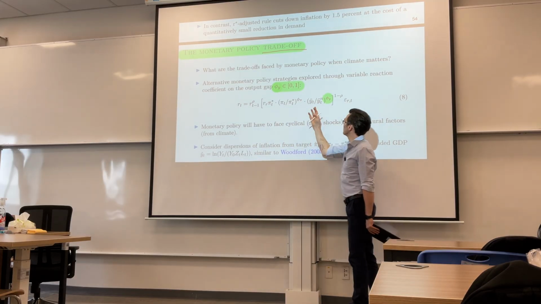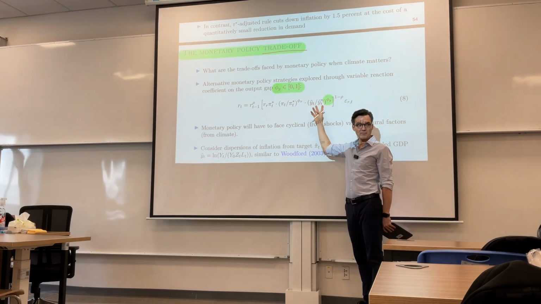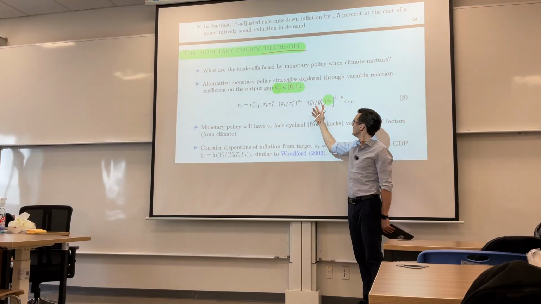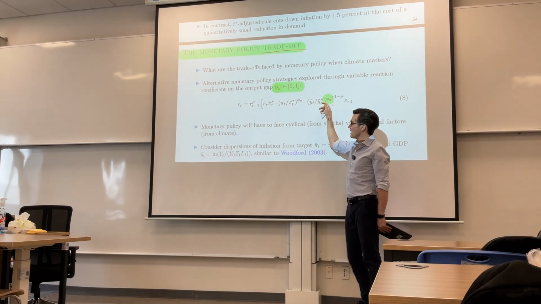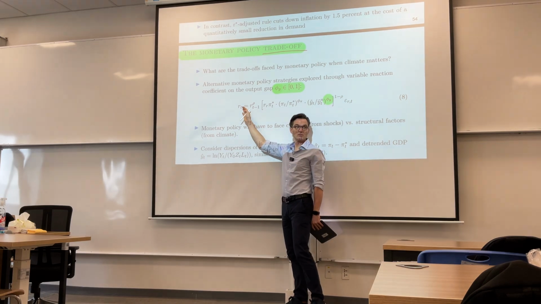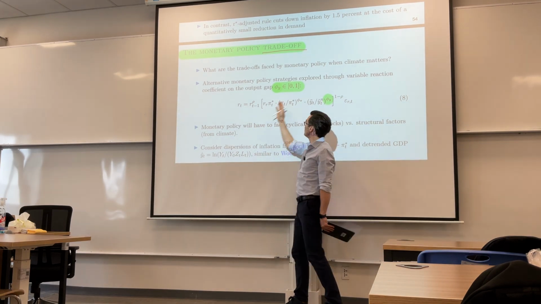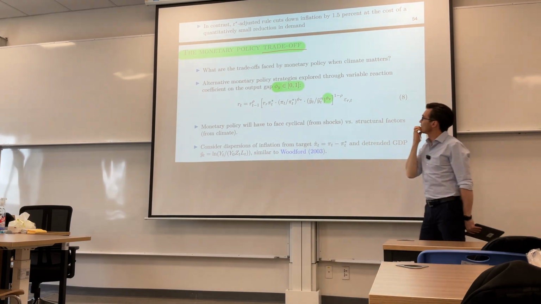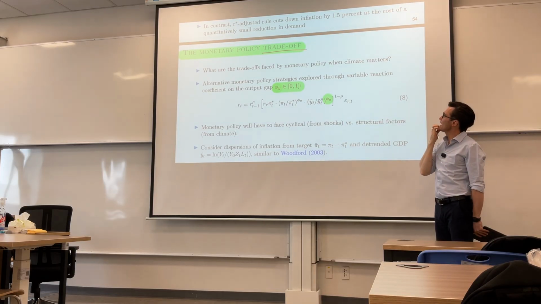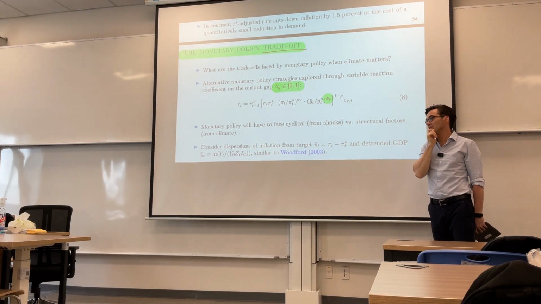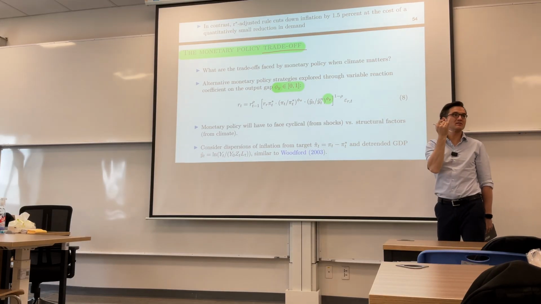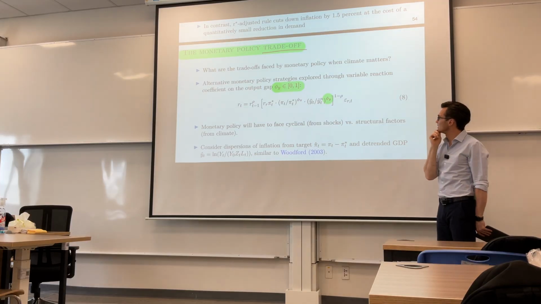They want output to be at potential at best, to have a 0 output gap. And if that output gap is positive, this parameter, of course, is crucial by how much the nominal interest rate is moved around. And what they do now is they are considering different values of phi and ask, what does this do to the record of the central bank in terms of interest rates and inflation and GDP and so forth. Okay. That's what they do.